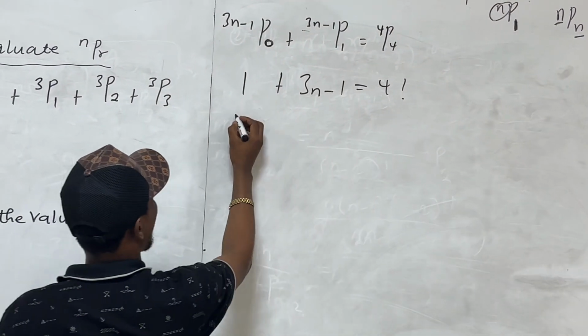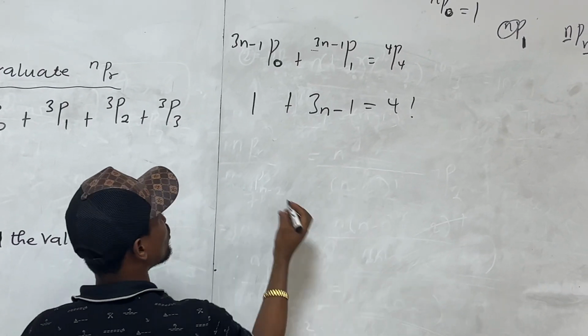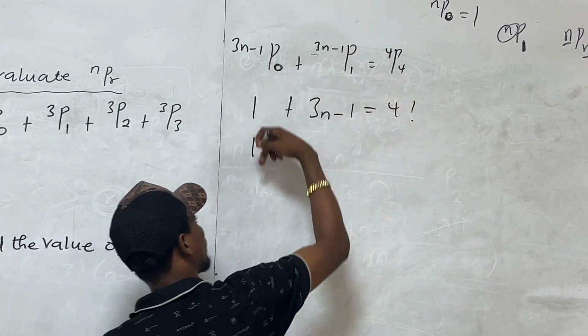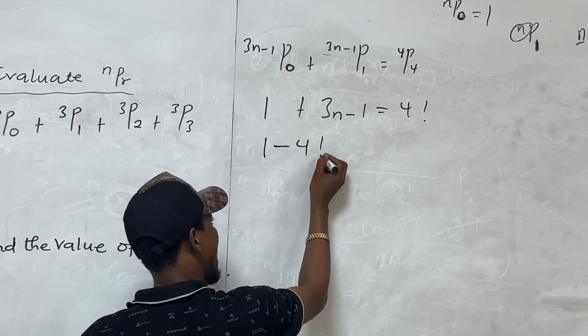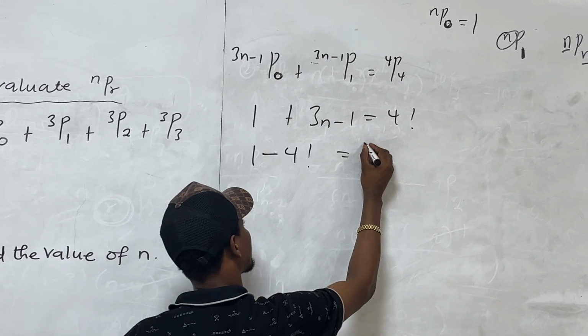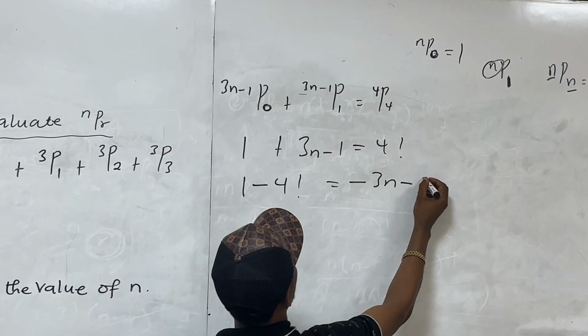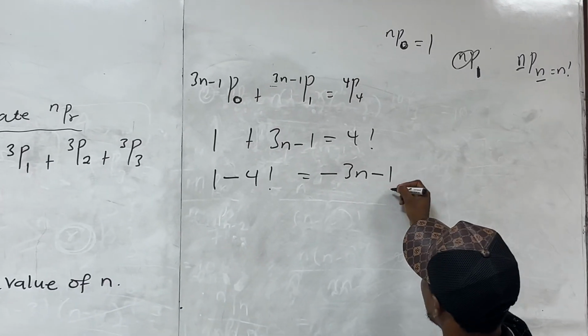This is very simple. We want to make n the subject, right? So we can transpose. So I have 1 here, you transpose this, I have minus 4 factorial, which is equal to, you transpose this, I have negative 3n minus this one.